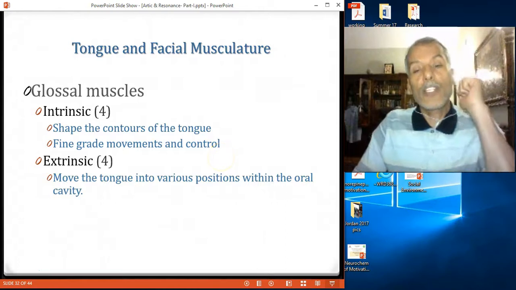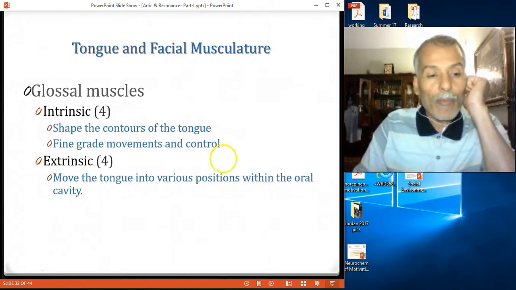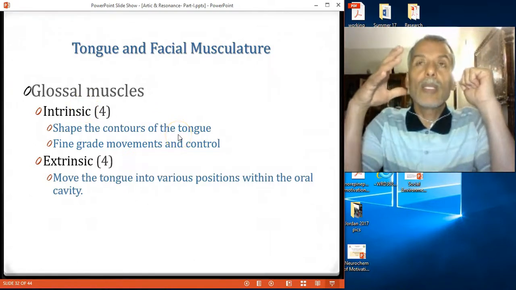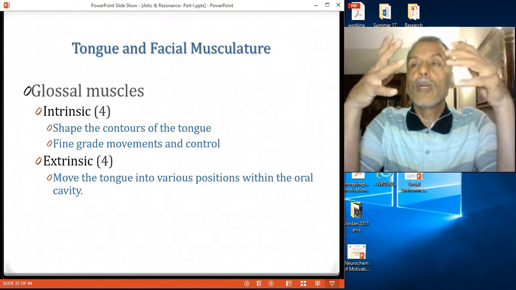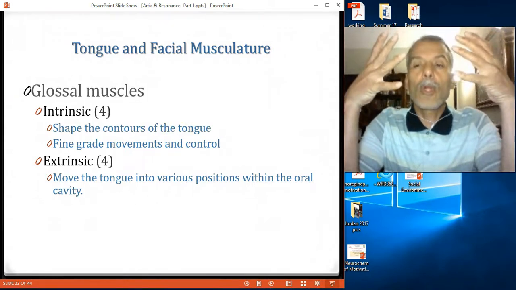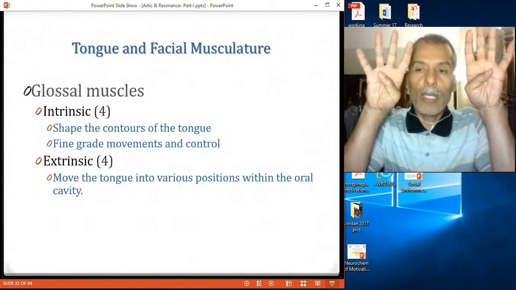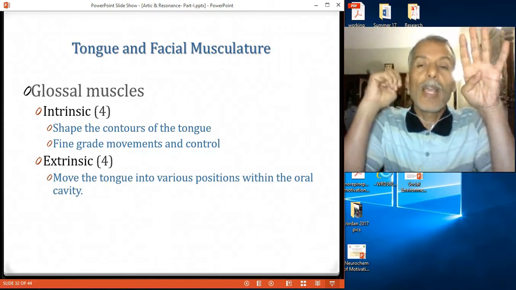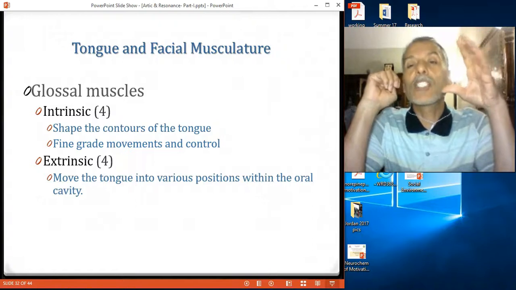The facial muscles. First, we'll look at the tongue muscles. The tongue is made of four intrinsic muscles that make the bulk of the tongue itself, and four muscles that are called extrinsic.